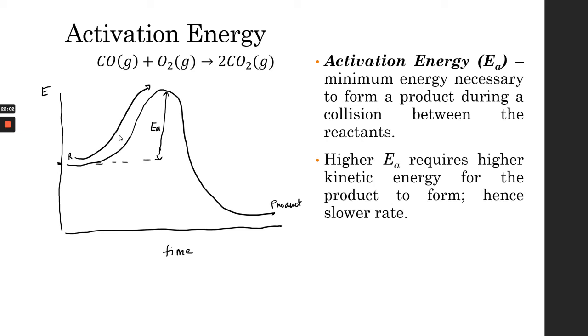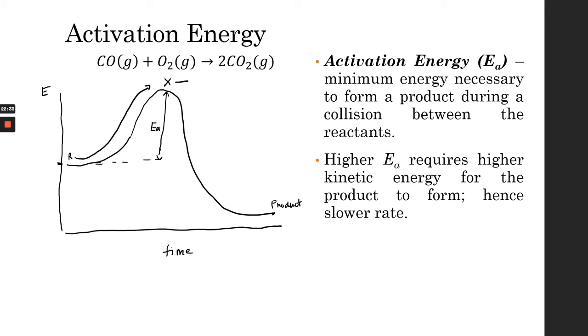And if the bumping has enough energy, they will finally reach this point, and then they automatically go to the product. Because after reaching this state, it's like you are rolling a ball, right? You can just release the ball and it will continue to roll down. But when you are here, you need to push the ball. And that requires energy. It's the same concept.